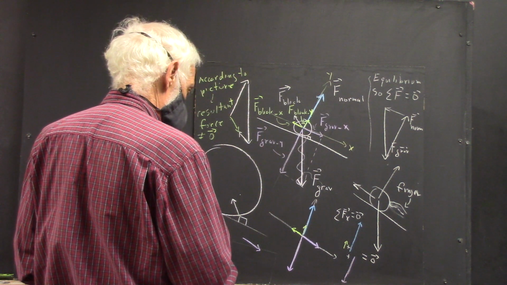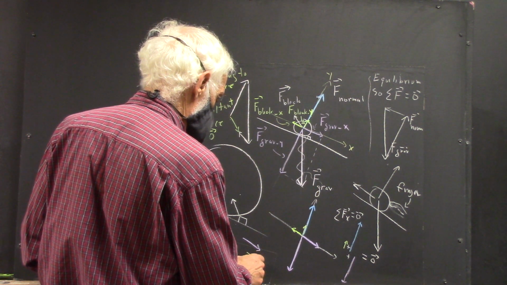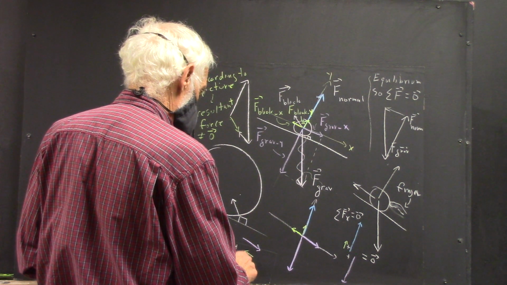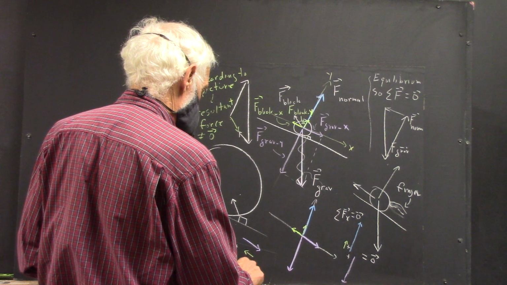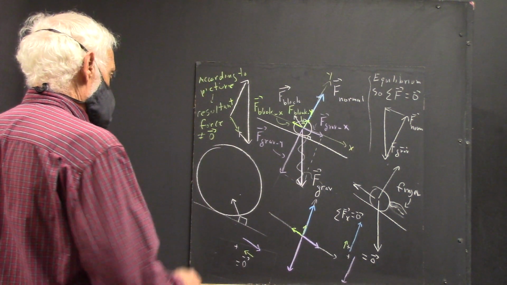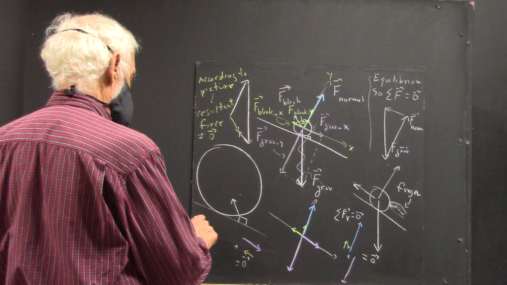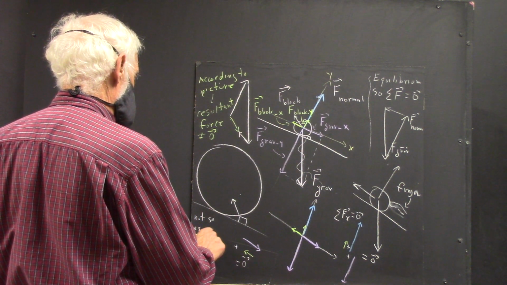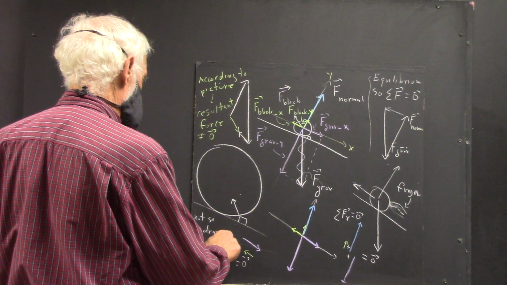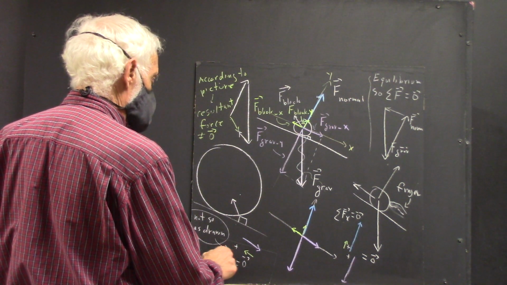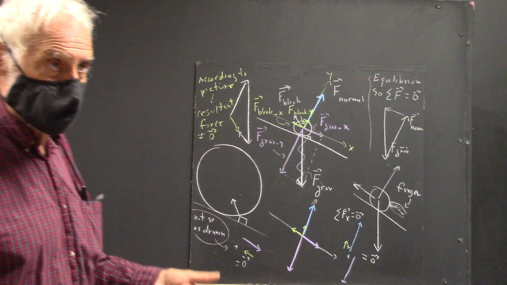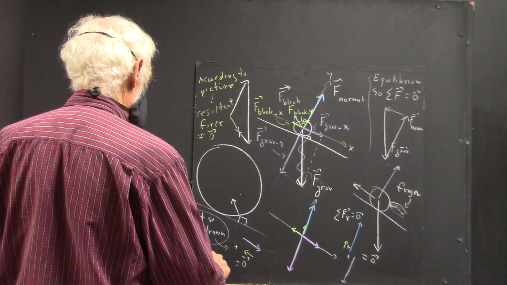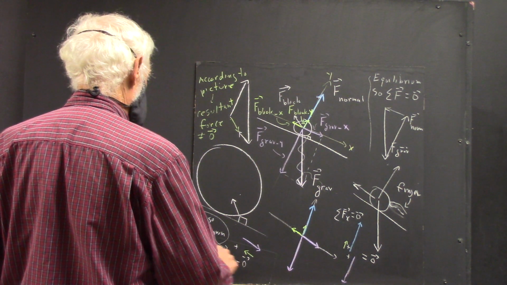This force and this force equals zero. That is not so as the forces are drawn, but that is the condition. What we say is the sum of the y forces is zero.